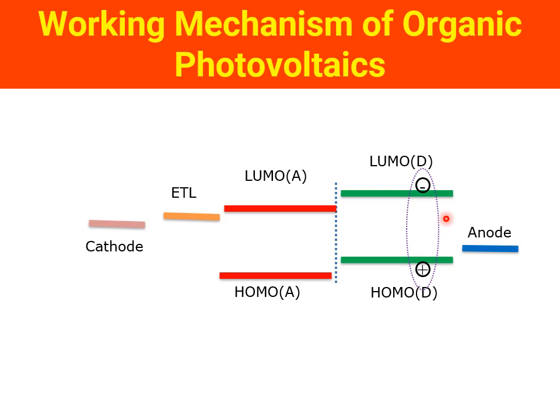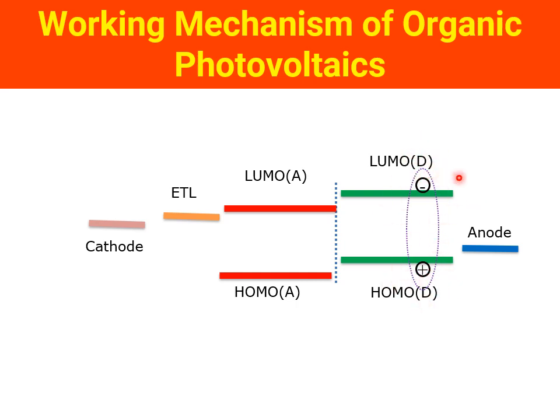After illumination of the light on the donor polymer, the excitons are generated, and we can see this dotted line, which basically means the electrons are present in the LUMO level of the donor, and the holes are present in the HOMO level of the donor, and they are not freed, as they have some coulombic binding energies, right?